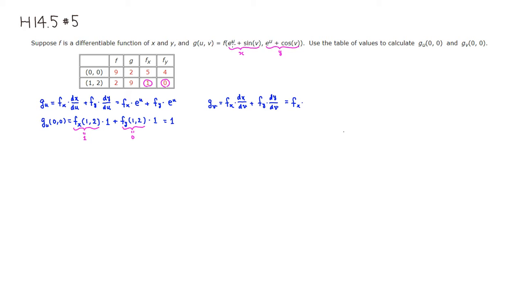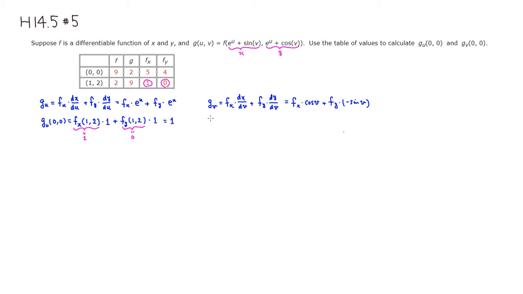So e to the u has derivative 0, since it's a constant. The derivative of sine of v is cosine of v. Plus f sub y times the partial of e to the u with respect to v, which is 0, since it's a constant. The partial of cosine of v with respect to v is negative sine of v. So we got that.